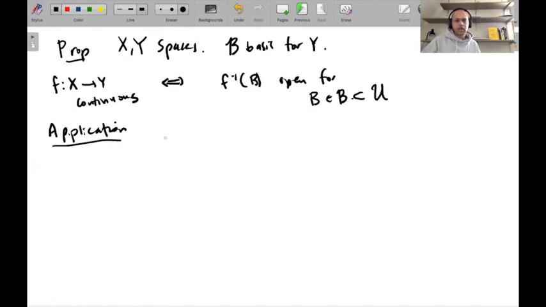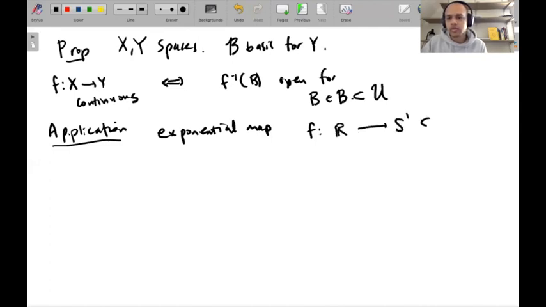So let's consider the exponential map. This is a map from R to the circle, which we'll view as the unit circle in R2, which sends t to (cosine t, sine t).